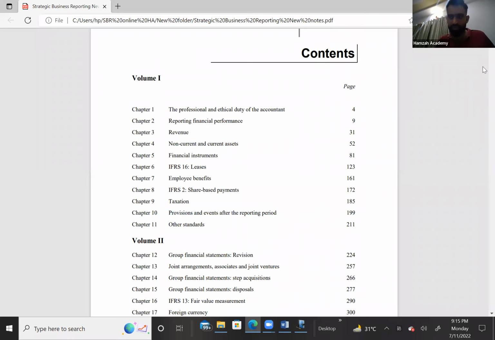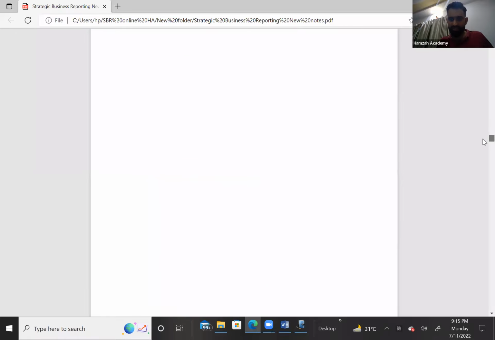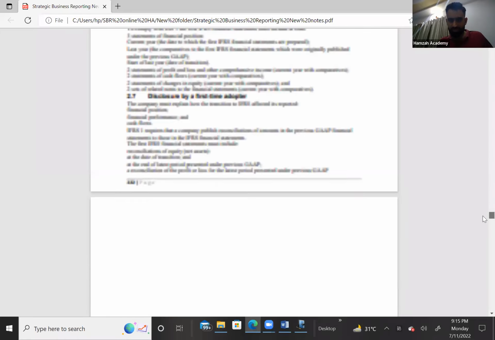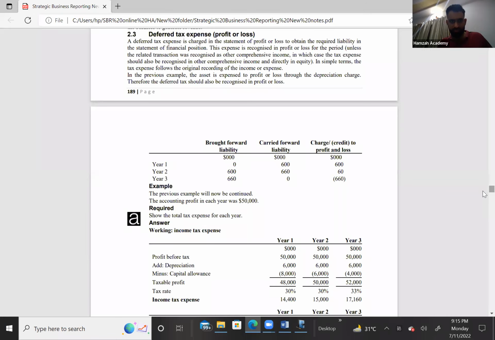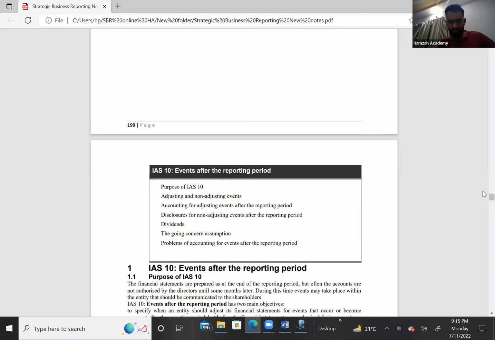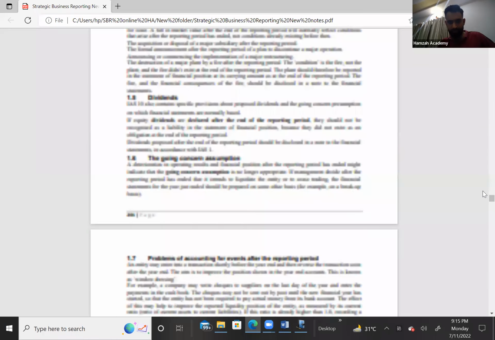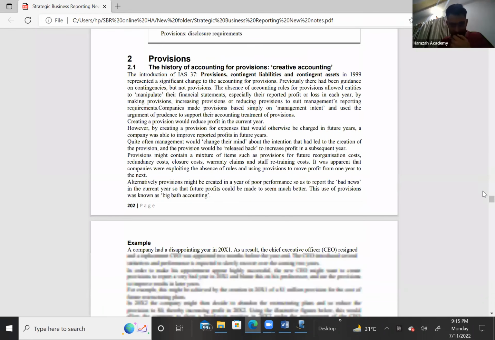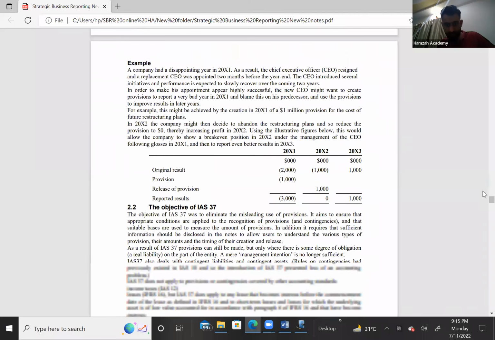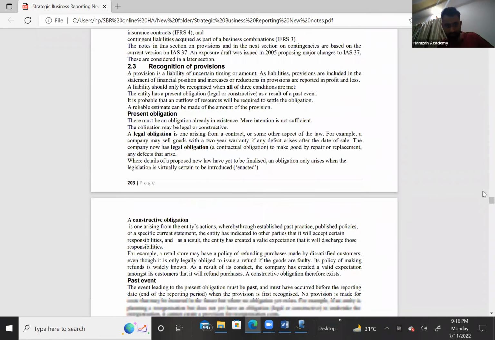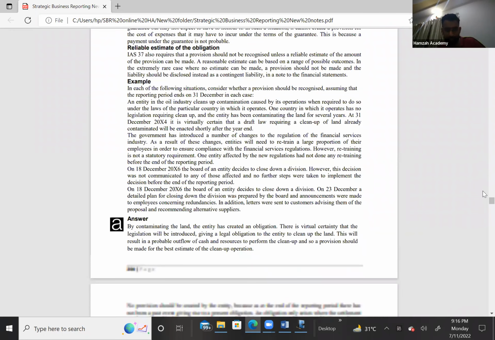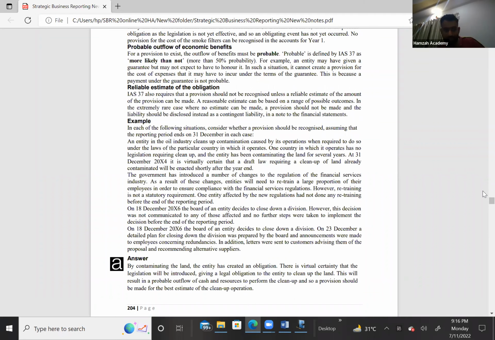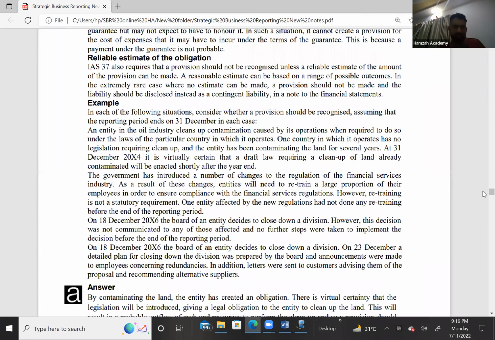It is chapter number 10 which we're studying, IAS 37. Read this example.